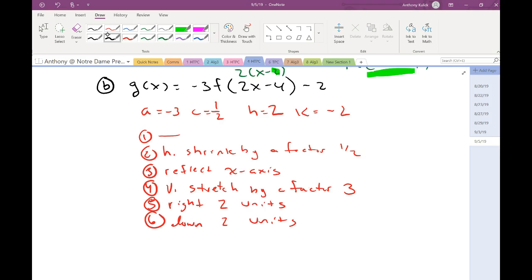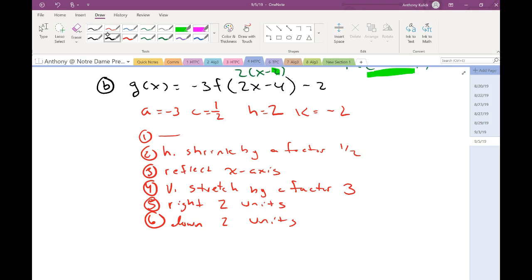If I go left 2 and up 2, that's the same as going up 2 and left 2. However, if I stretch something vertically and go left 2, that's not going to give me the same result as going left 2 and stretching something vertically. There, the order matters.